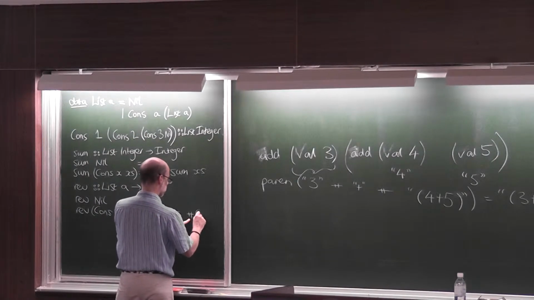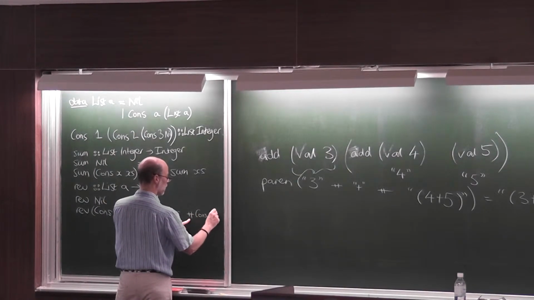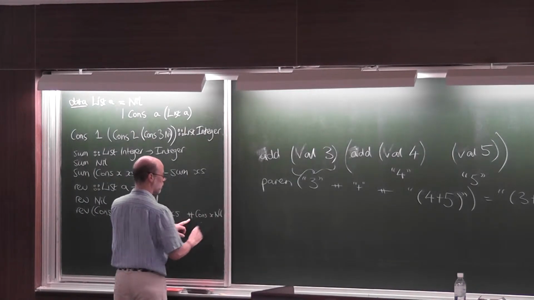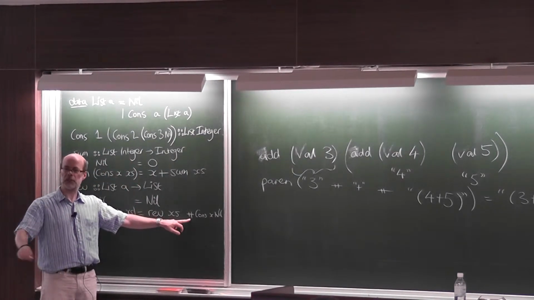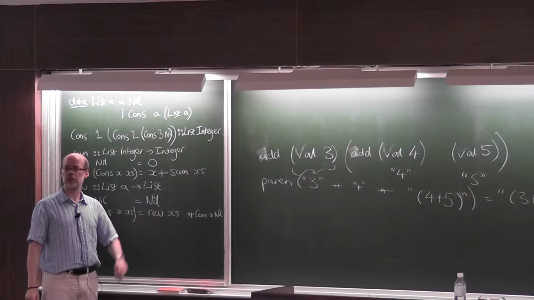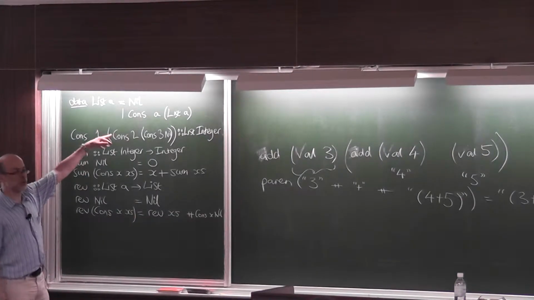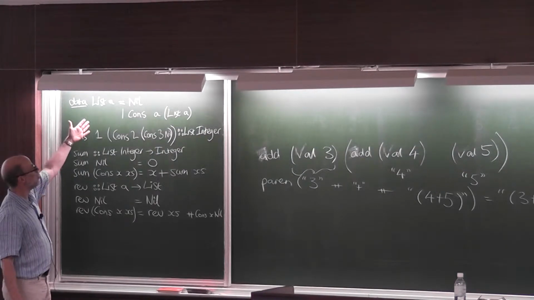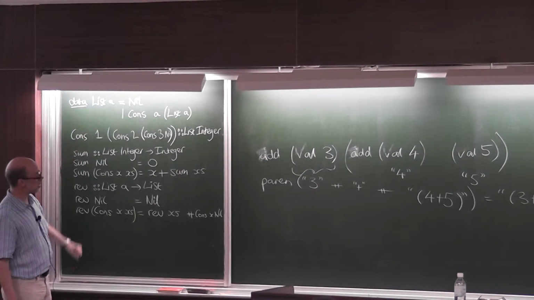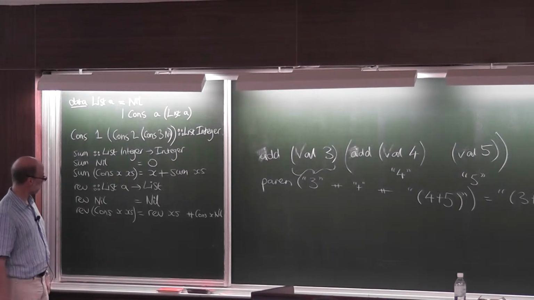And the singleton list consisting of x is cons x nil. I say something like because I now need to define what concatenation of lists is on my new data type of list, not the built-in type of list.